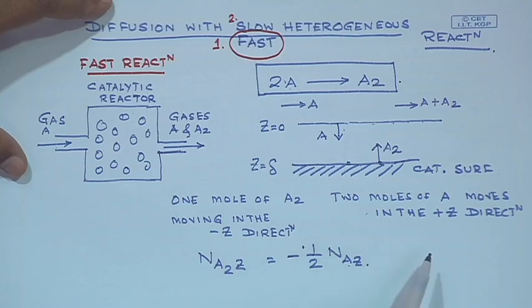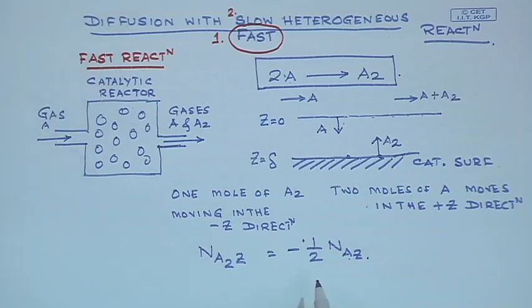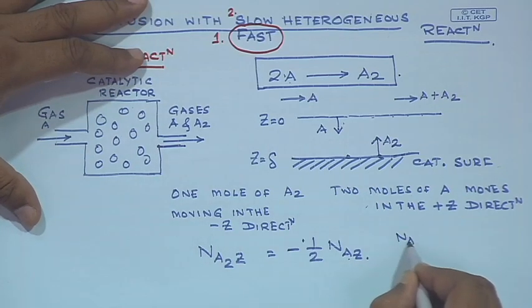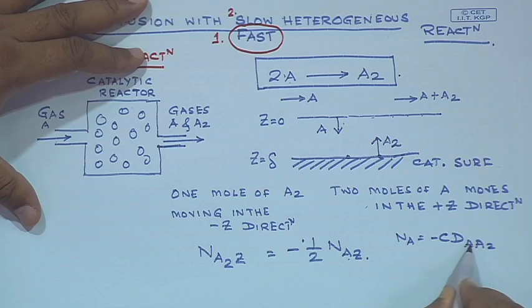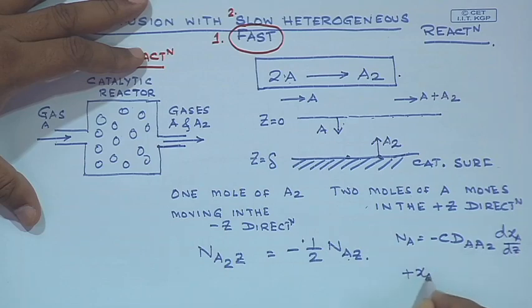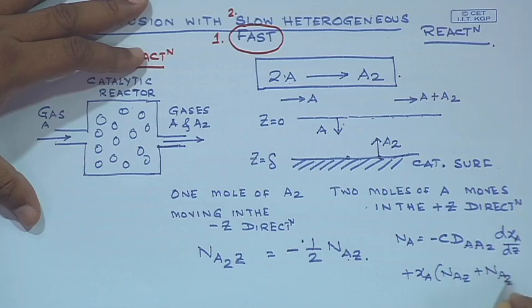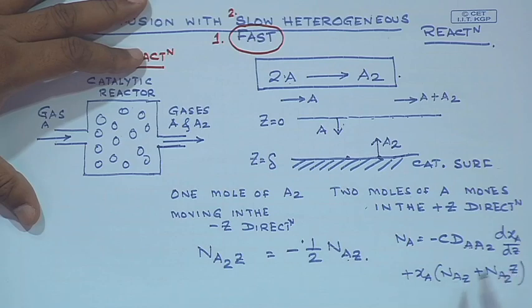minus half of N_AZ. And starting with the formula that N_A is equal to minus C D_AA2, this is the diffusion coefficient of A in A2, times dx_A/dz plus x_A times (N_AZ plus N_A2Z). So, this is Fick's law, and here we know the relation between N_AZ and N_A2Z from here.